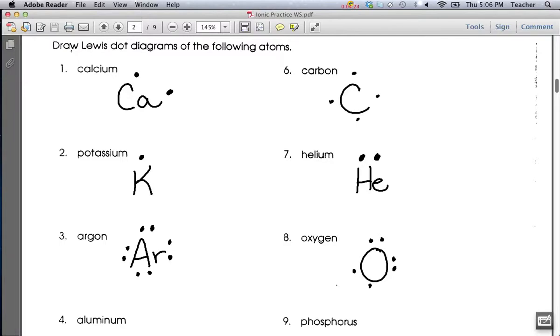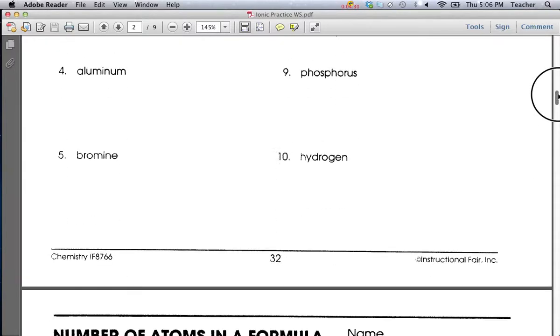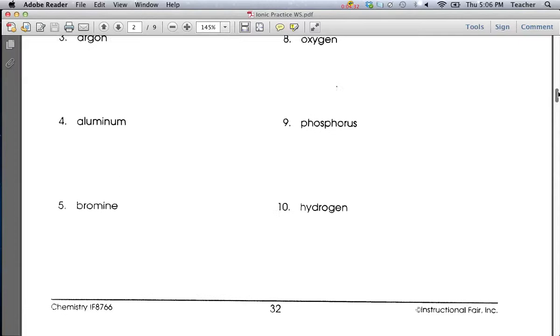Okay, let's do the rest of these. We have aluminum. Aluminum is Al, and it has 3 electrons. Bromine is Br, and it has 7.